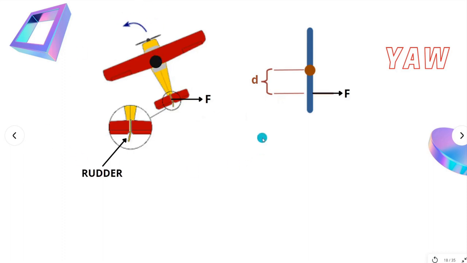Basically you can see in the picture, this aircraft is hinged at this point. Basically this is the center of gravity. This is not hinged, but we can assume that it is hinged kind of thing, right. So if somehow we can apply a force on this tail, on this vertical stabilizer, then the whole aircraft will yaw towards the anti-clockwise direction.